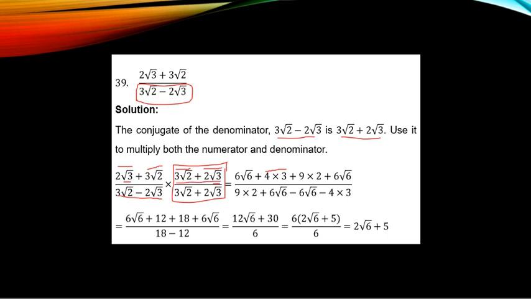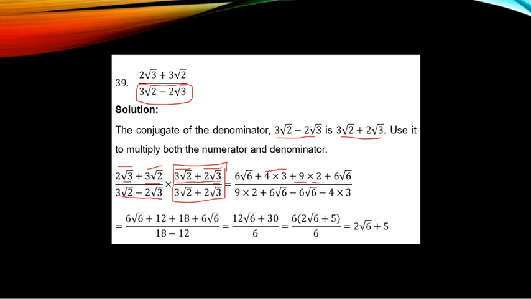So let's continue. We're now using the second term to multiply the first term. So 3 root 2 times 3 root 2. 3 times 3 is 9. Root 2 times root 2 is root 4, and that is 2.